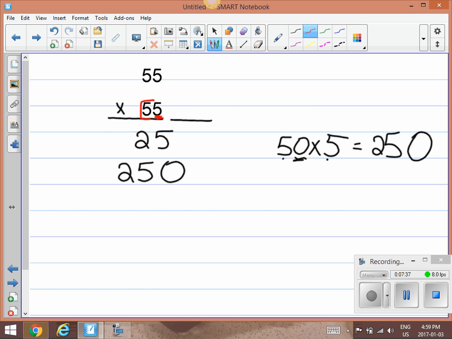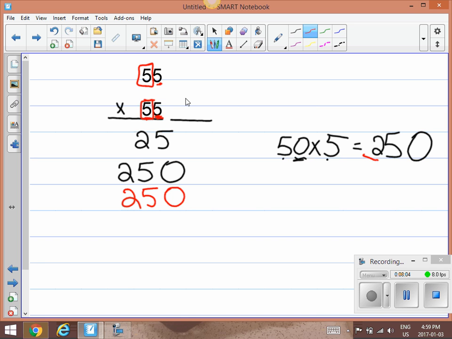We're now going to look at this 5, which is also in disguise. It looks like a 5. It is not a 5. It is a 50. 50 times 5, we just looked at this over here, is 250. And then the last thing that we need to do is multiply this 5 times this 5.